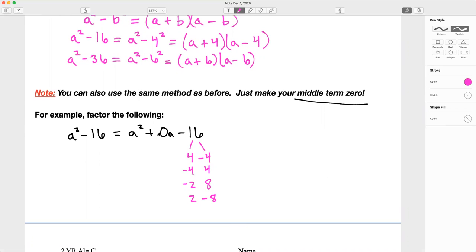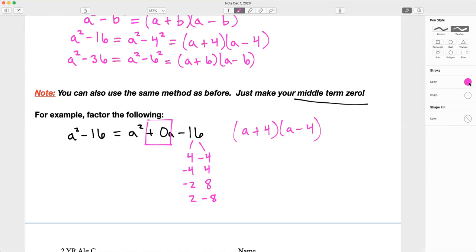But look, we're looking for one of these to sum up to 0. And what is that? Either 4 and negative 4, or negative 4 and 4, these will give us our answer, okay? 16 is a perfect square, so we're looking for two numbers that are the same. One's positive, one's negative. And our answer will be a plus 4, a minus 4. And there we go.